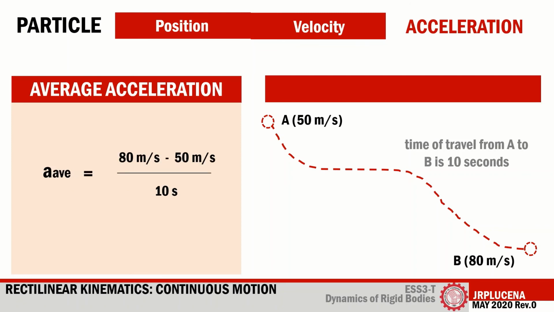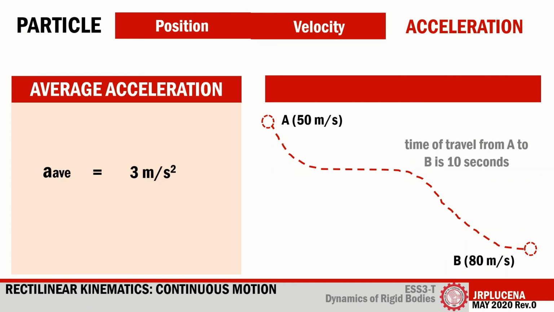So the change in velocity is 80 meters per second minus 50 meters per second. So the object accelerated from point A to point B at a time interval of 10 seconds. Now observe the units, you will come up with meters per second squared, and the average acceleration now is 3 meters per second squared.